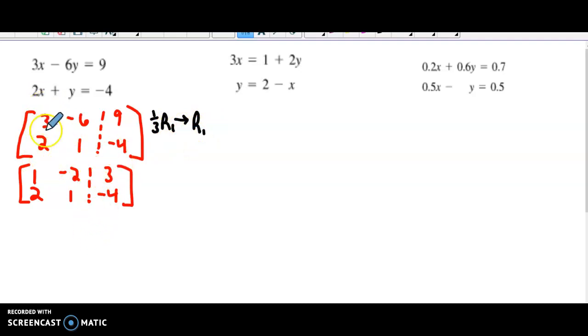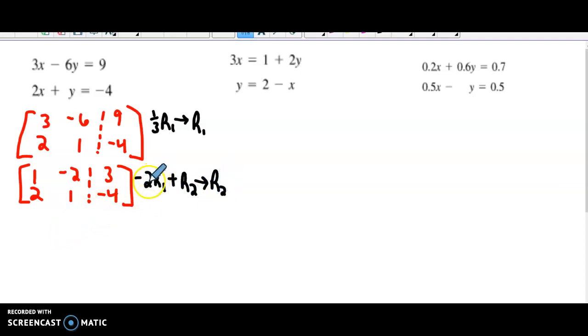So the order is get the 1 here, and then get zeros underneath it. So I have to turn this 2 into a 0. Can't multiply everything by 0, that just zeros the whole row out. It said non-zero. So what I realized is that if I could add -2 to 2, that would be 0, correct? So I'm going to take -2 times row 1, because -2 times 1 would be -2, add that to row 2, and that will be my new row 2.